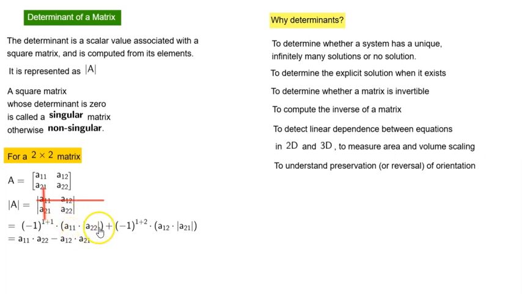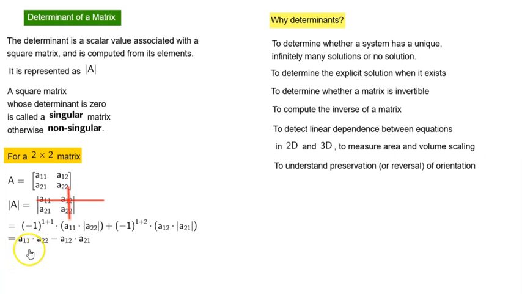So we are taking the determinant of A22, and the determinant of a single element is the element itself, plus again minus 1 to the power of 1 plus 2, that is the second element of the first row, times A12 times the determinant of A21, which is A21 itself.